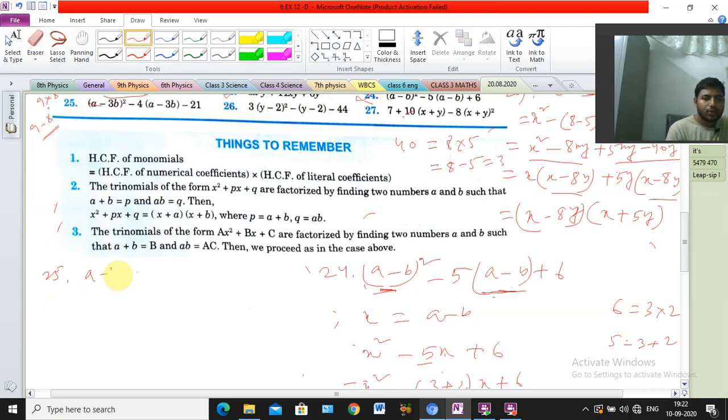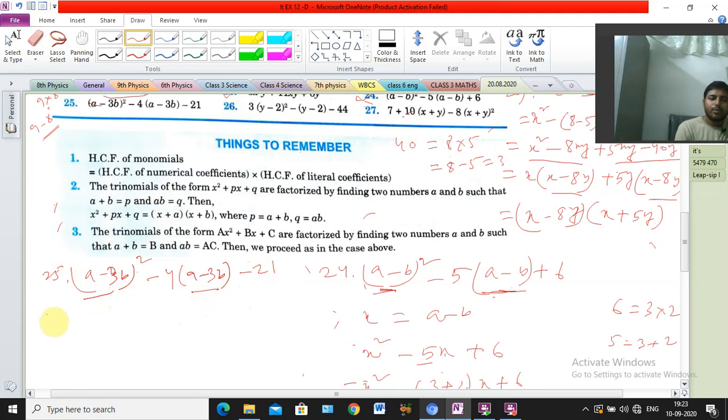25. So (a minus 3b) whole square minus 4 into (a minus 3b) minus 21. This is the question. So what to do here now? See, in the bracket portion the same a minus 3b is given. Here also a minus 3b, here also a minus 3b.